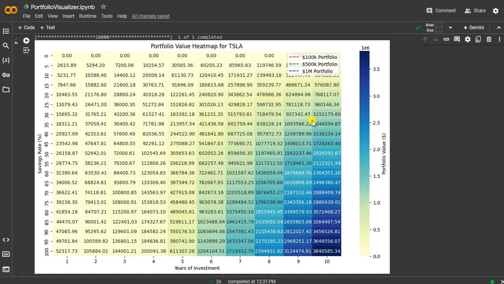So for instance, we see if we save 50% of our income, we're making 5,000 a month, and we do it for, say here, it's like 8 years, into Tesla stock, we would have reached 1.07 million, right? So this is $1 million. We have crossed the $1 million line.